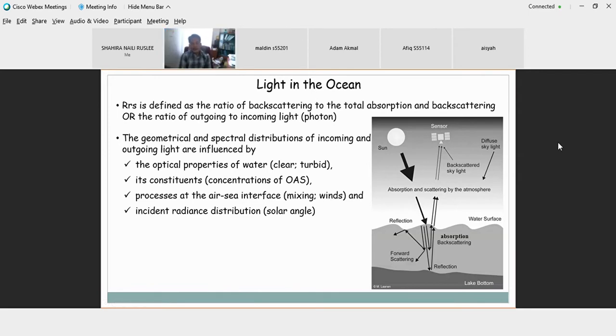RRS, remote sensing reflectance, we can define as a ratio between backscattering and absorption plus backscattering.